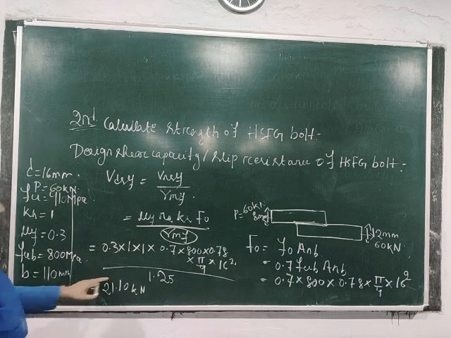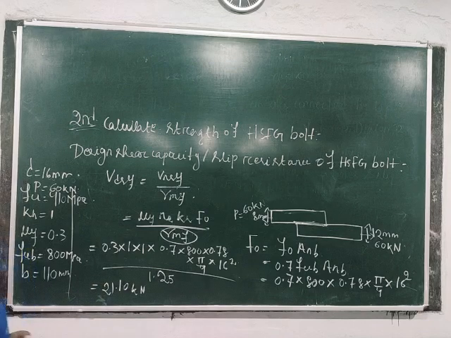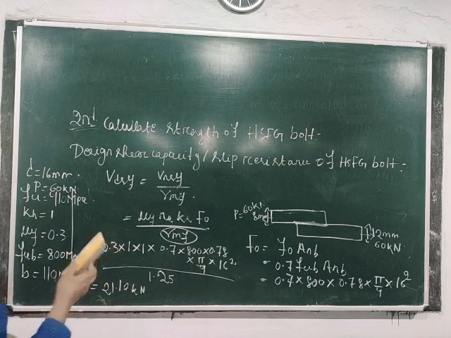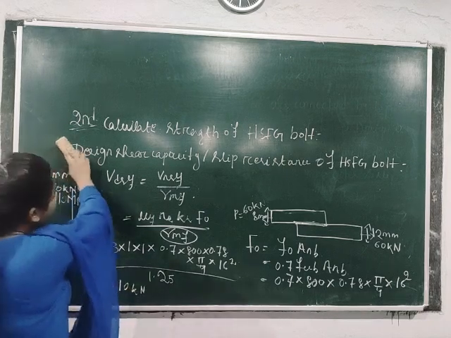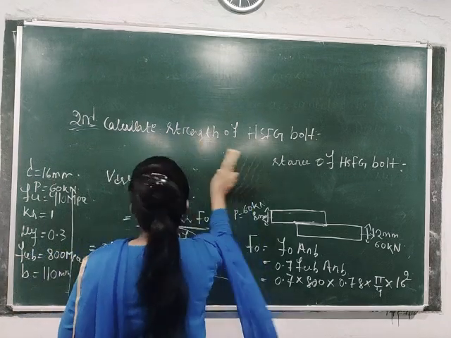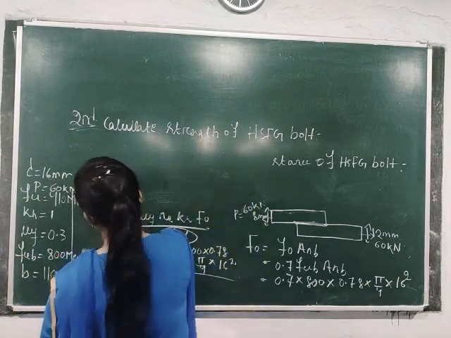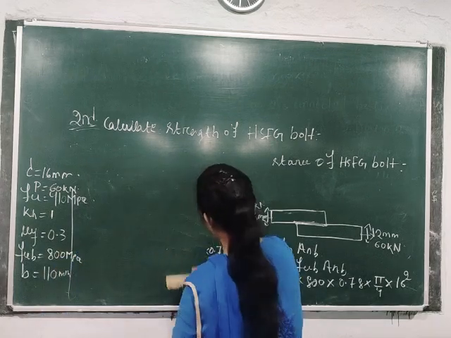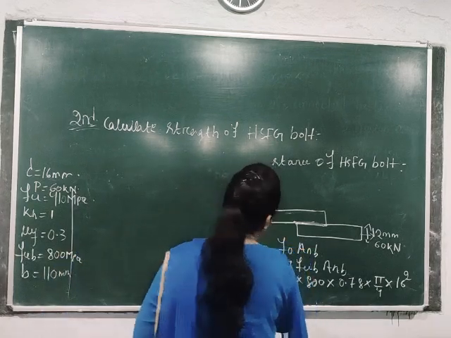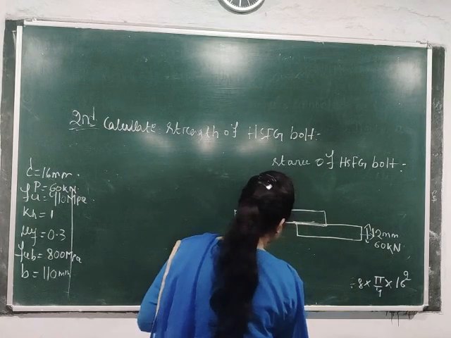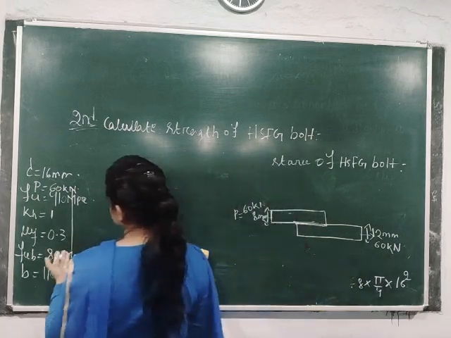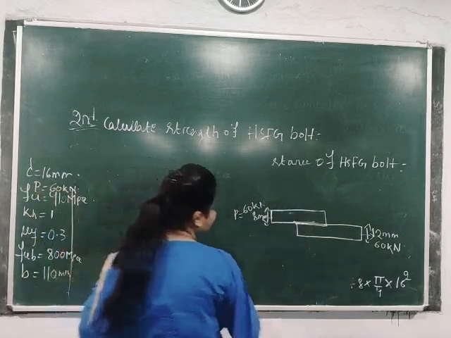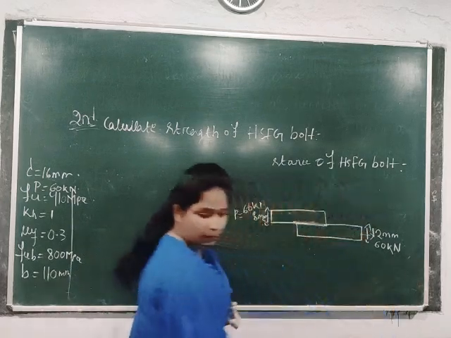This value we have calculated for one bolt only. So in the second step we have calculated the strength of one HSFG bolt. In the third step just calculate the number of bolts required to transmit or transfer this 60 kilonewton of load from one member to another member safely.